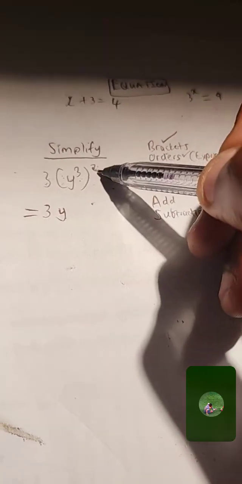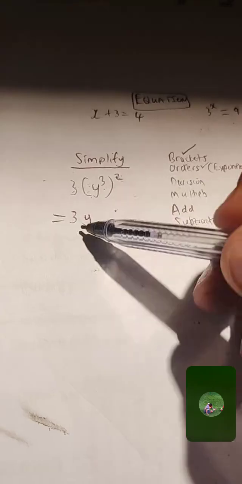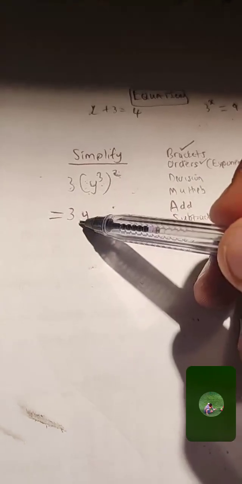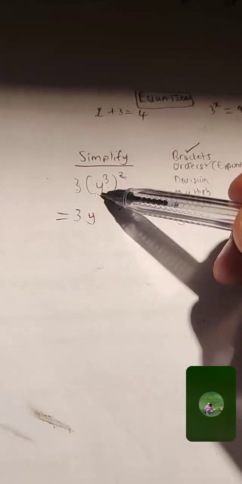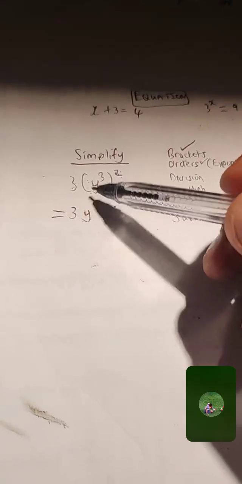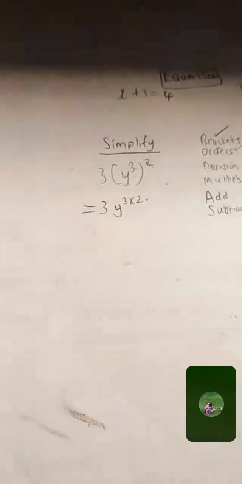We apply the exponent to the number we don't see before y, which is 1. 1 squared still gives us 1. We then apply the exponent 2 to the variable y to the power 3. That's where this law comes into the picture. We are going to multiply 3 with 2.